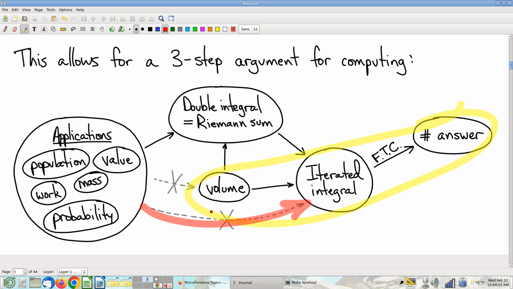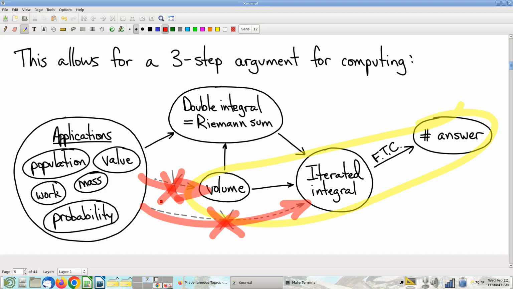And I've also pointed out that you cannot take geometric or physical things like work or mass or probability, whatever, and just declare them to be volumes. They're not. They're really different things, and it's not clear why they should be considered volumes. So you can't do that either.